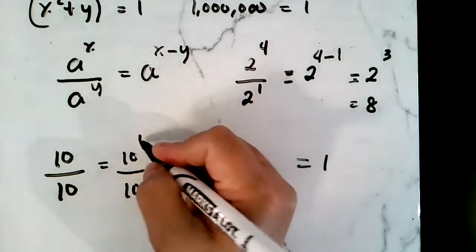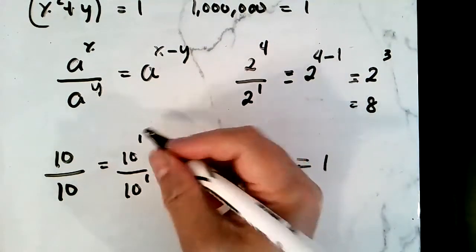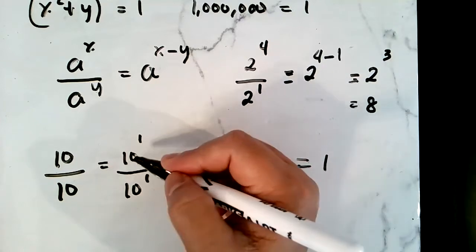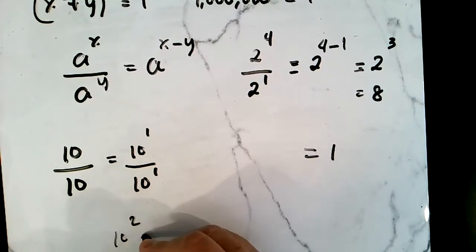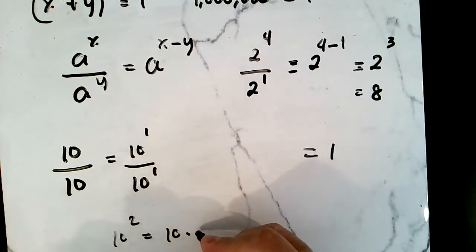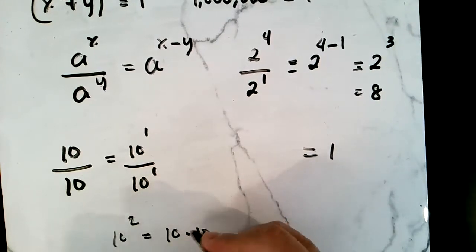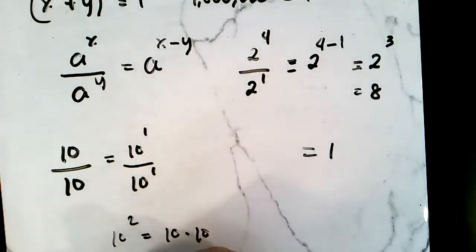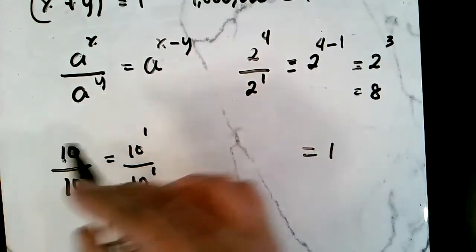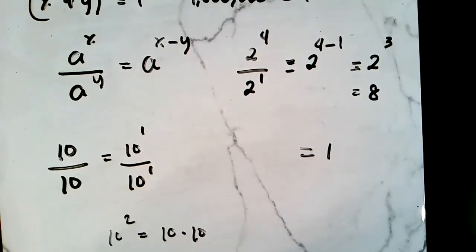This exponent tells you how many times you are going to multiply the base by itself. If you have 10 squared, this is actually 10 times itself, 2 times. So 10 to the 1 is just 10, and this one and that one are the same. I hope that is clear to you guys.